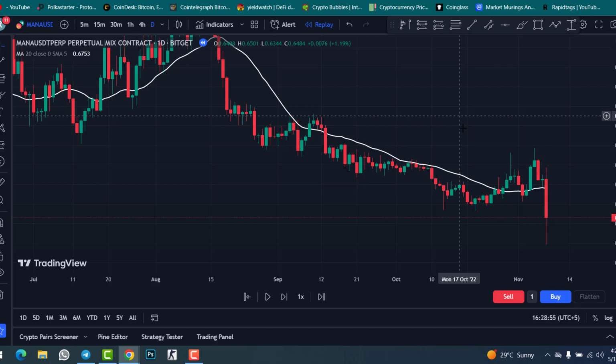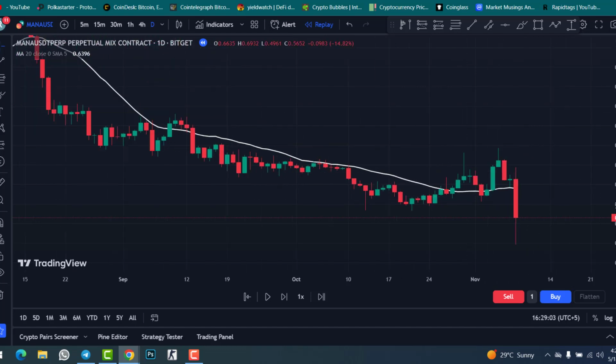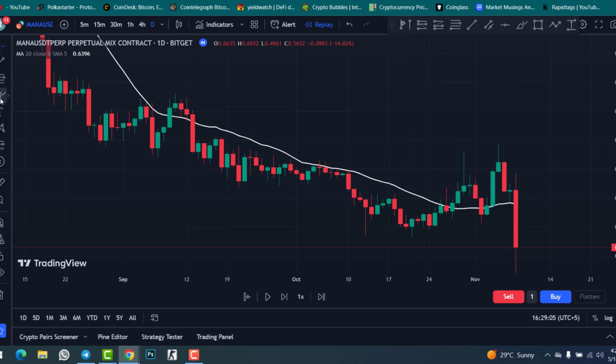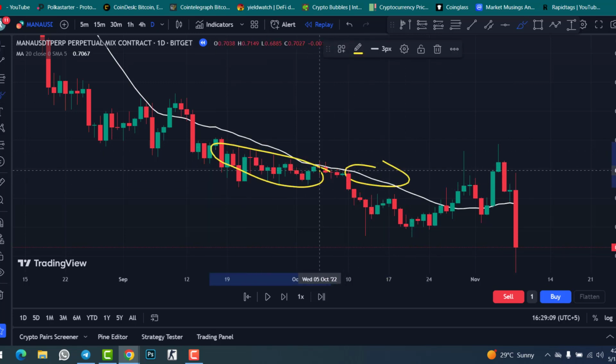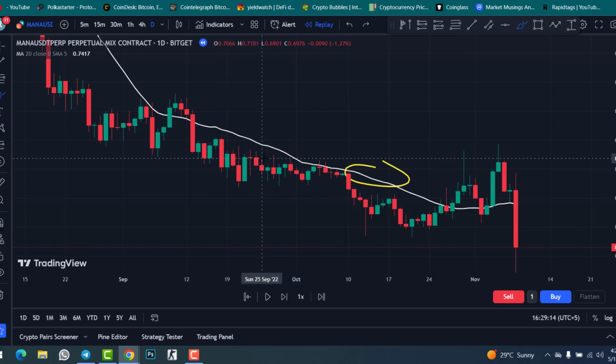Okay, now how to use this moving average trading strategy in order to open your long position or your short position. First of all, if you check in here, this is the 20 moving average. In here you can see the candle is below the moving average. It means that this is the resistance line. As you can see, several times we touched this line and then we fell down.